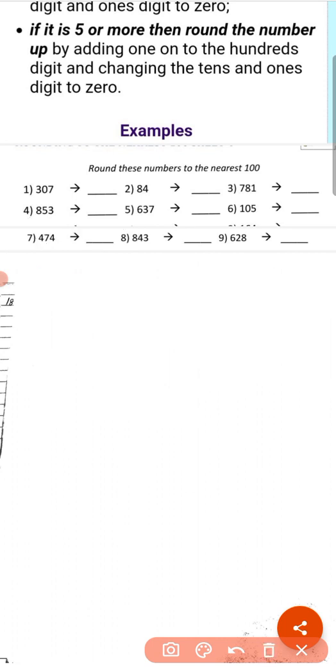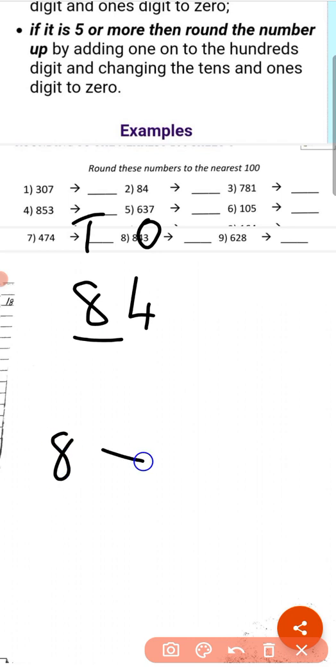Next is 84. 84 is a 2-digit number, children. Here the ones digit is 4 and tens digit is 8. Look at the tens digit, which is 8. 8 is more than 5.